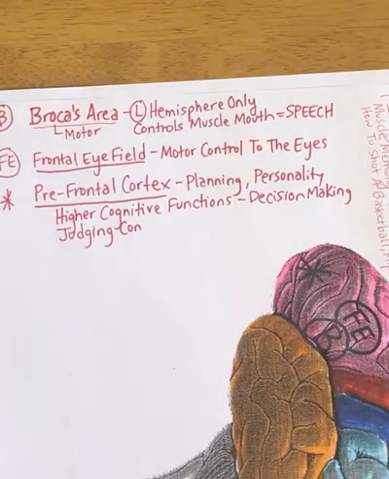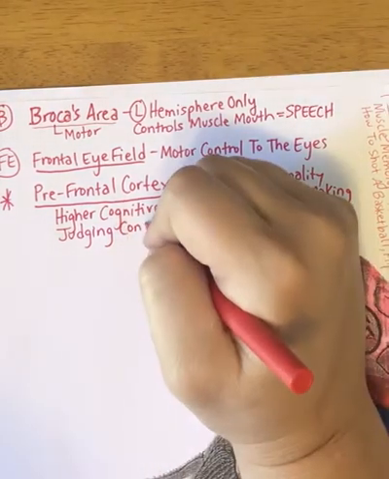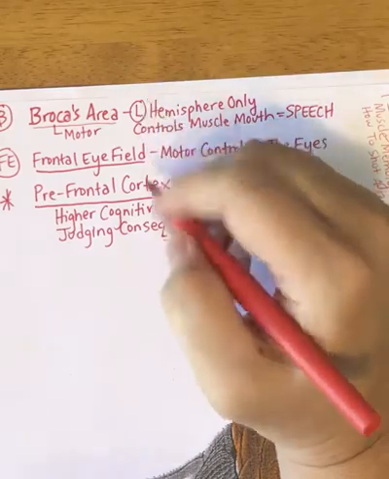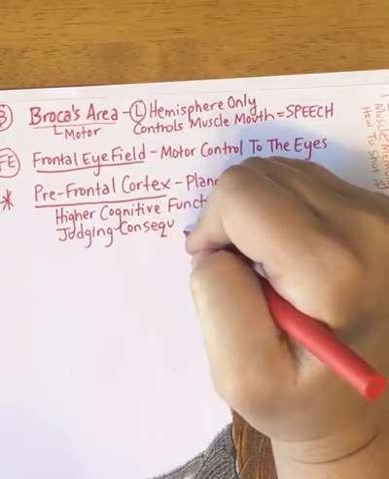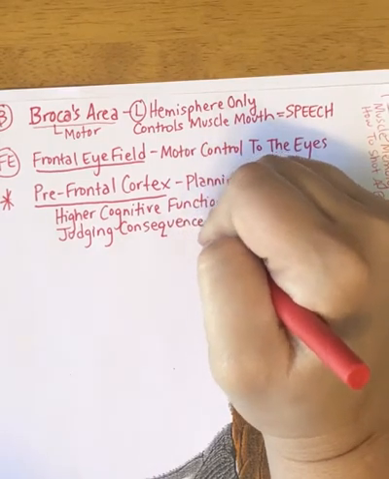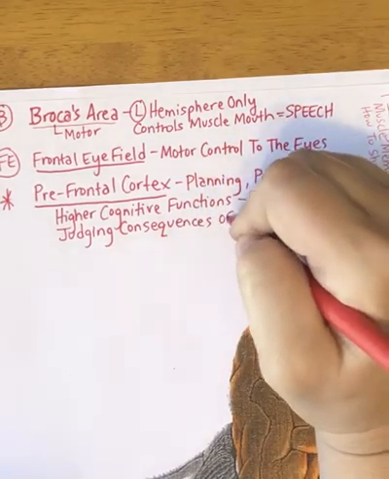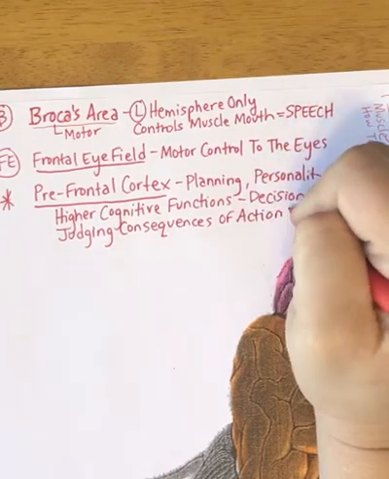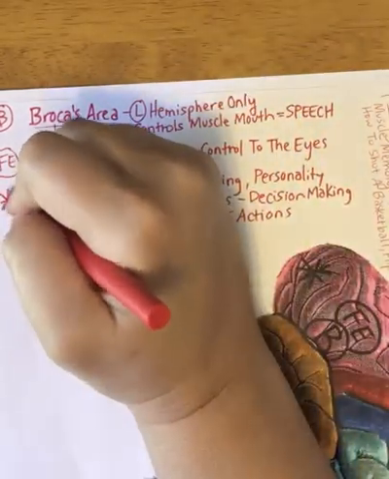Like if you decide it's a good thing to, like I said before, steal from a grocery store or get caught cheating on a test or whatever. This is what guides you. So these are all in the frontal lobe.